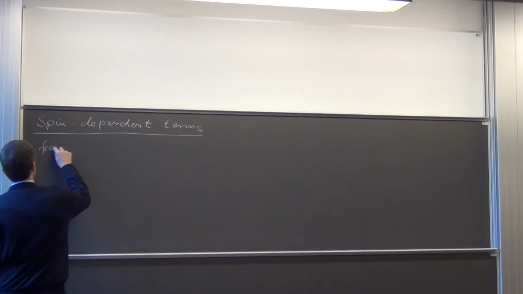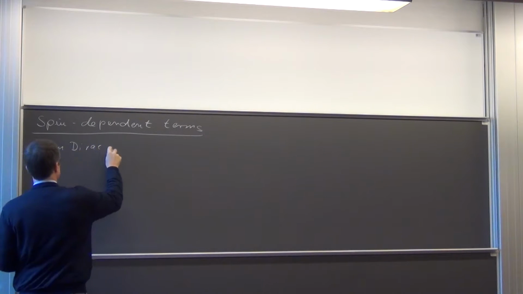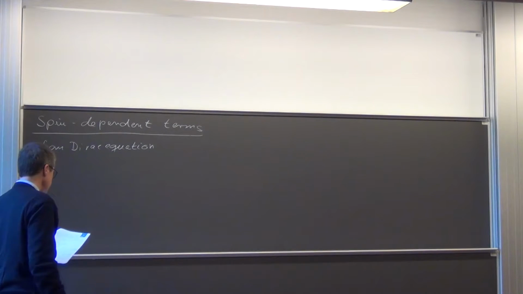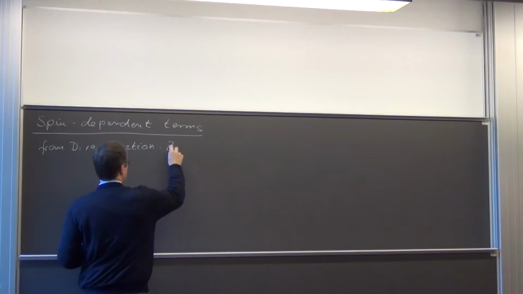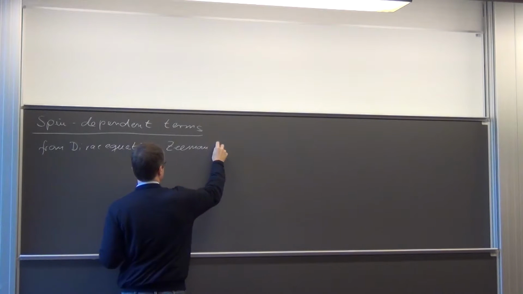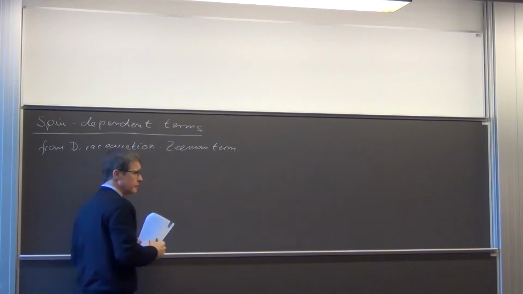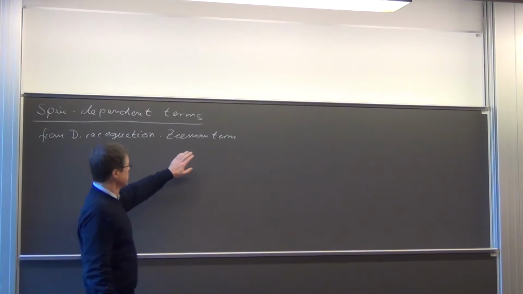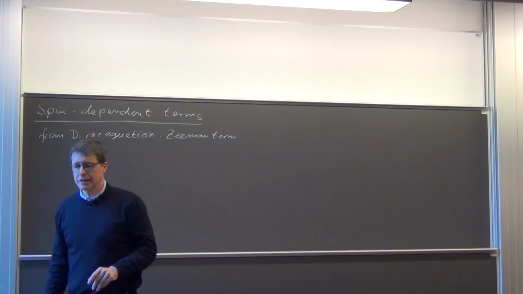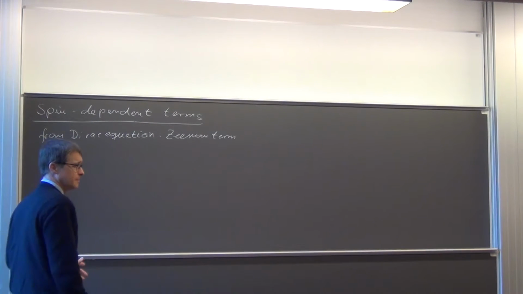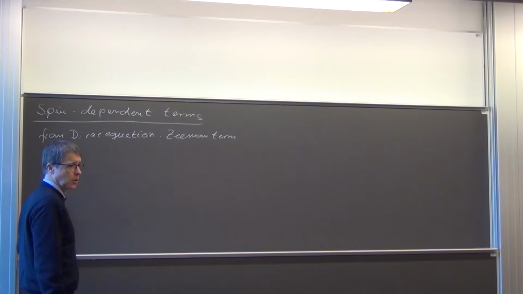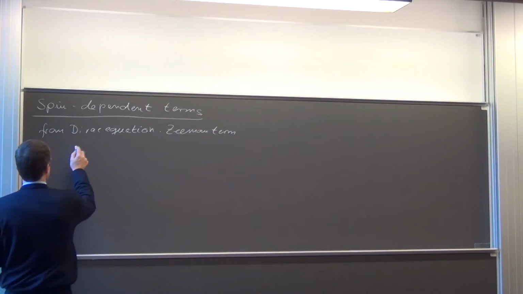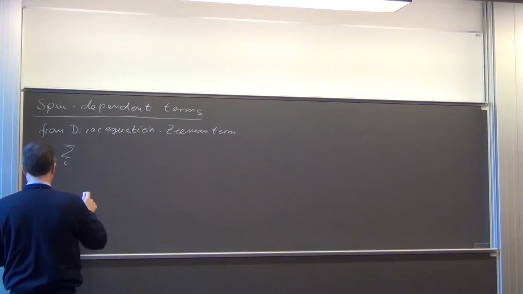So from the Dirac equation, we get what one calls the Zeeman term. In general, a Zeeman term is the interaction of an external magnetic field with some kind of angular momentum or momentum in general. And that term looks like a sum over all electrons.